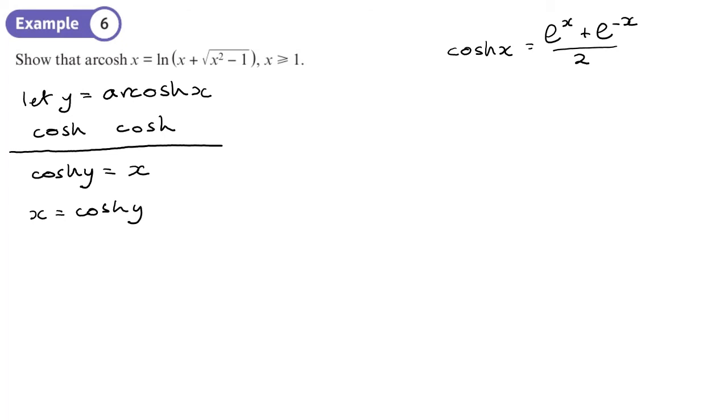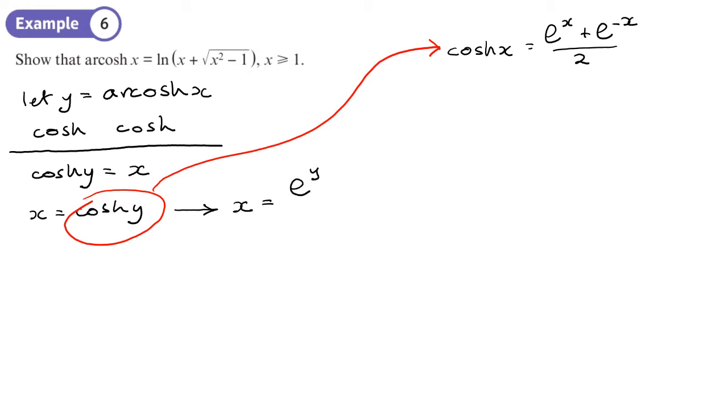Now we can use the definition for cosh x to do cosh y. So that will give us that x equals e to the y plus e to the minus y over 2. Times both sides by 2. So we've got 2x equals e to the y plus e to the minus y.